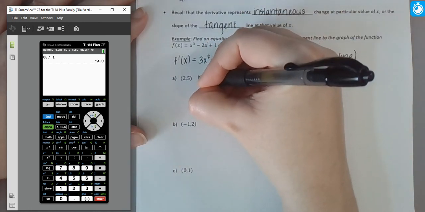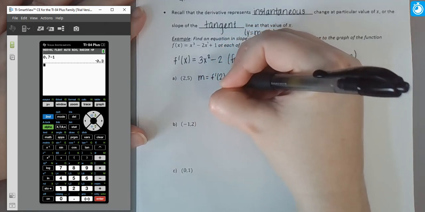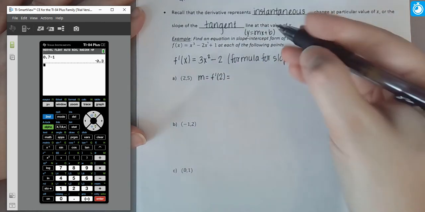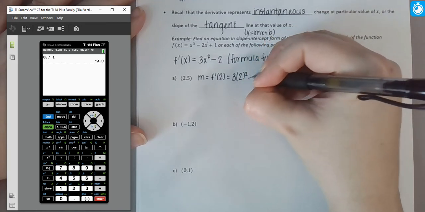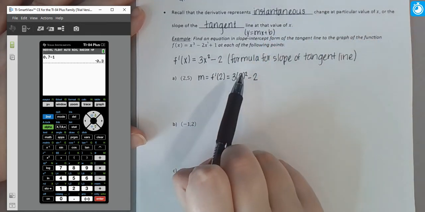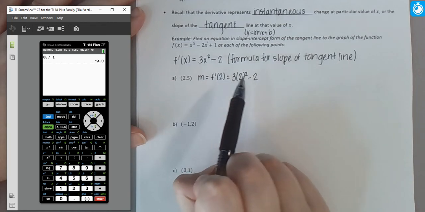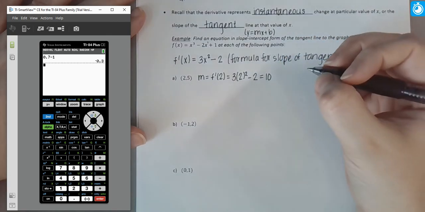So our slope in this case is going to be f prime of 2, and then we just plug that 2 into our formula for the derivative. So 3 times 2 squared minus 2. Okay, so 2 squared is 4. 4 times 3 is 12. 12 minus 2 is 10. So that's going to be a slope of 10.